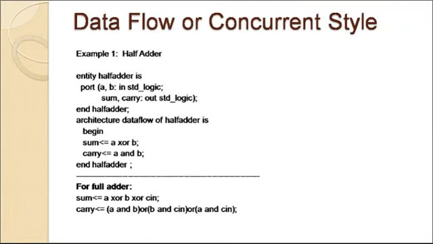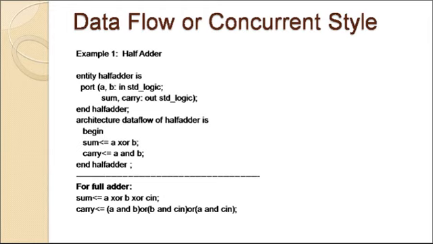We know that there are two different types of circuits. One is a combinational circuit and another one is a sequential circuit. Whenever you want to write the VHDL code for a combinational circuit, you can use any modeling style, let us say data flow modeling style or structural or behavioral.